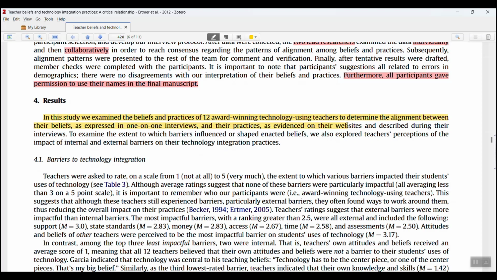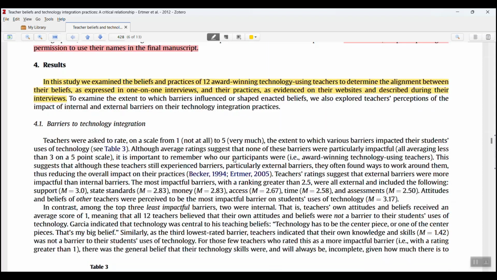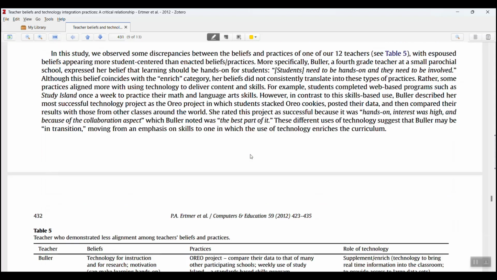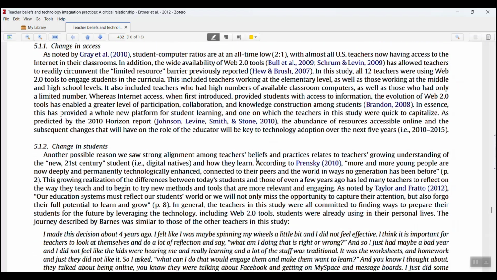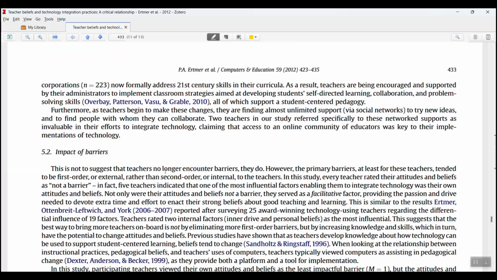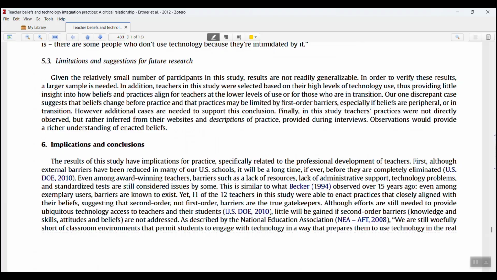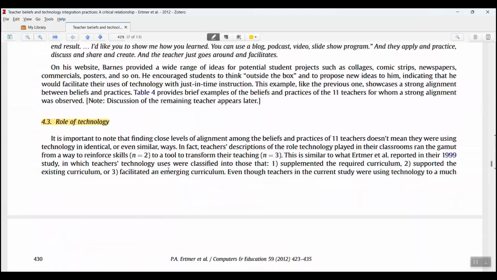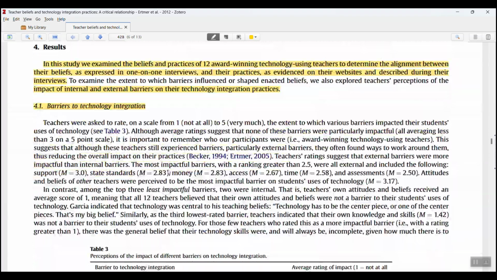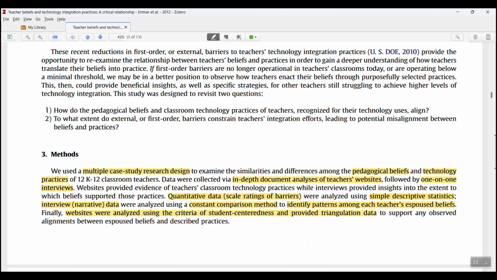Let me give you one example. When I was reading the section of results, I needed to understand better what the research questions of this study are, to understand why they organize the results section this way. Therefore, I returned to the part where research questions are explained.